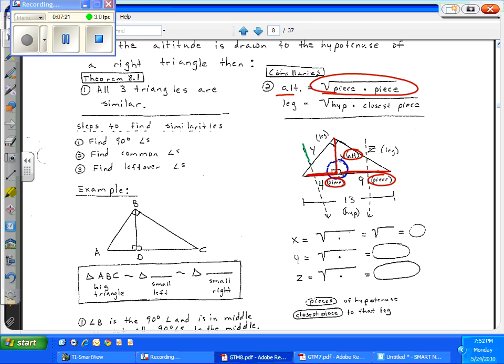And I'm going to make little arrows. This leg, Y, is a geometric mean between the hypotenuse and the piece of the hypotenuse adjacent to it. So that little arrow tells that story. This leg, Z, is the geometric mean between the hypotenuse 13 and the piece of the hypotenuse closest to it.